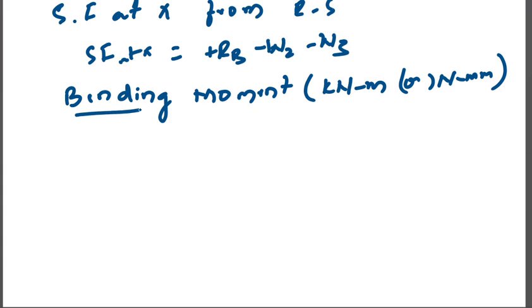The definition of bending moment is due to rotational effect in a member. If bending occurs, then it is called bending moment, or it is a measure of rotational effect.